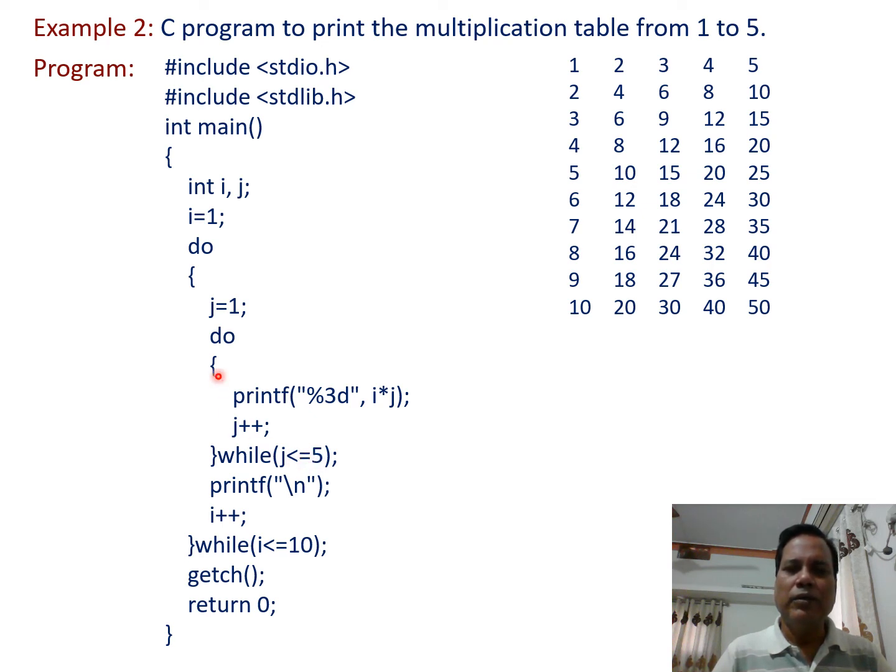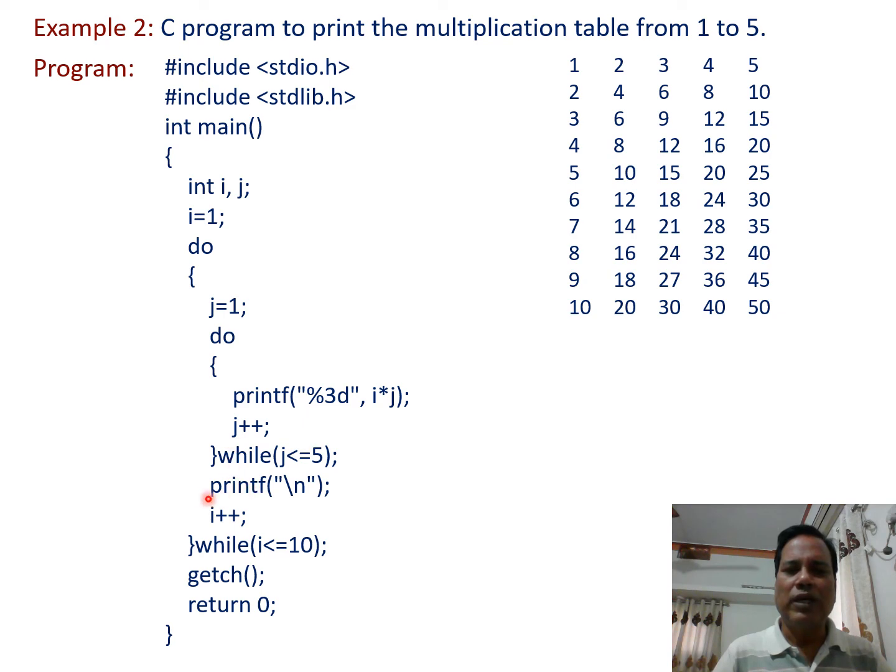Then again the body of the do while loop is executed and using the printf statement we print 1 into 5, that is 5. Then when the value of j is incremented, its value becomes 6. So in the condition 6 less than or equal to 5, the condition becomes false. So control comes out of the inner do while loop.